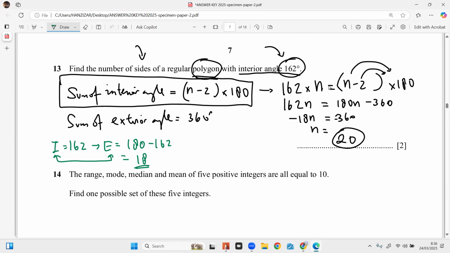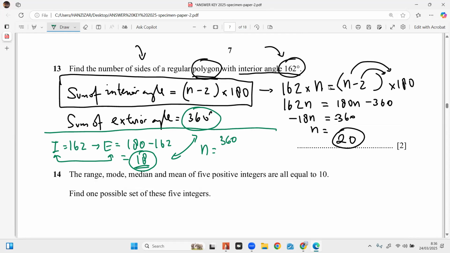The sum of exterior angles is 360, and one exterior angle is 18. Therefore, you can find n. So this is another way, depending on the perspective you want. 360 over 18, we also get 20. Which one is easier? Choose. The more you memorize the formula, the more efficient you will get.